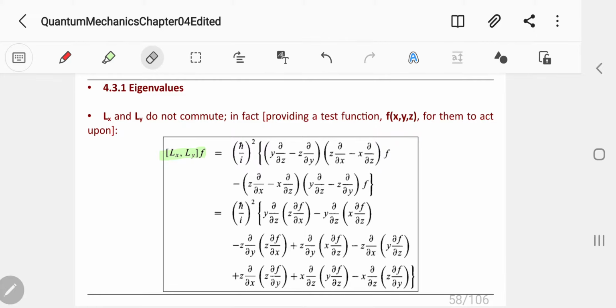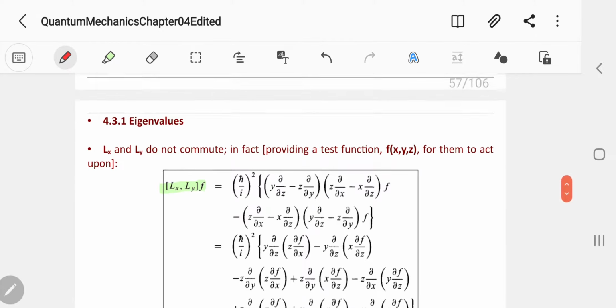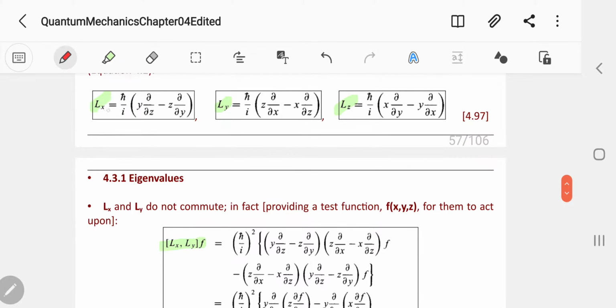So for Lx, Ly, we have to provide a test function because Lx and Ly are operators. So here you have Lx defined as this one, and this is also the definition of Ly.